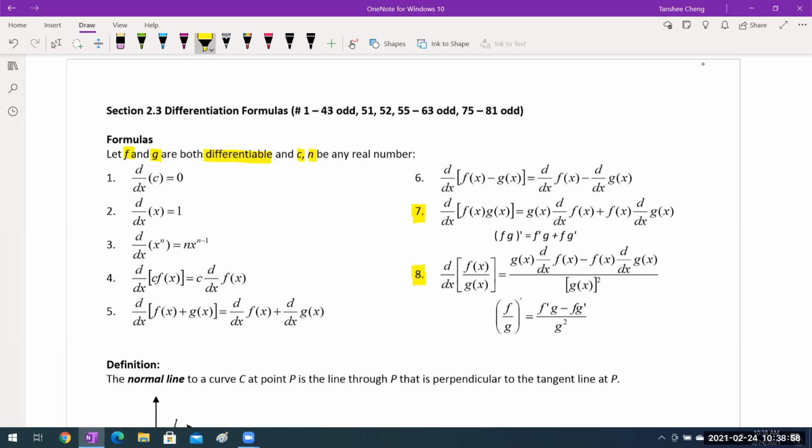When we take the derivative, we take the derivative of one factor first and multiply with the other factor, then add the derivative of the other factor multiplied with the leftover factor. In short, the derivative of f times g is the derivative of f times g, plus f times the derivative of g.